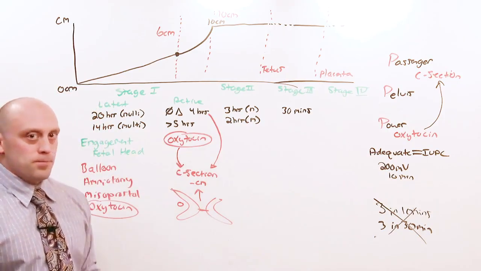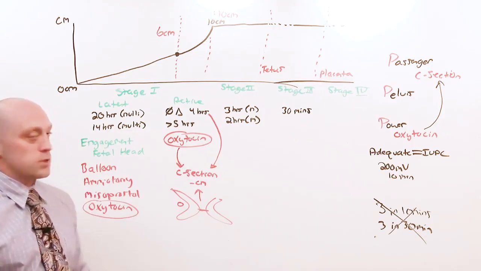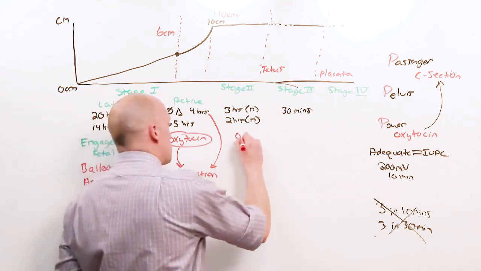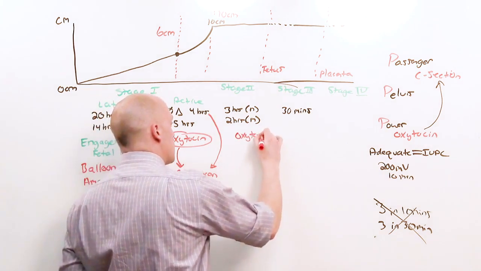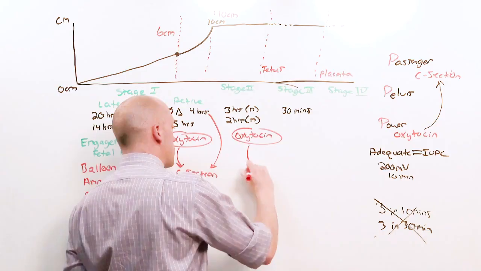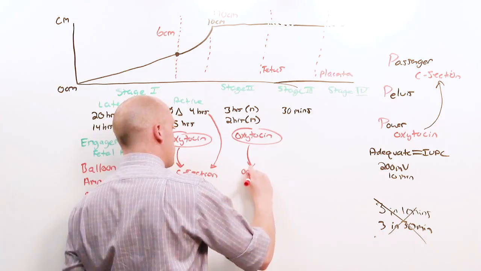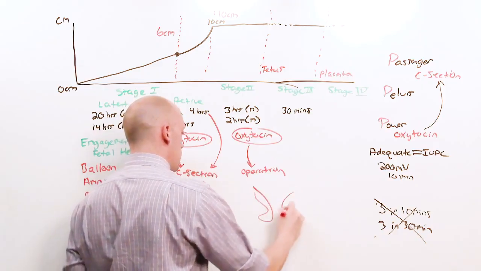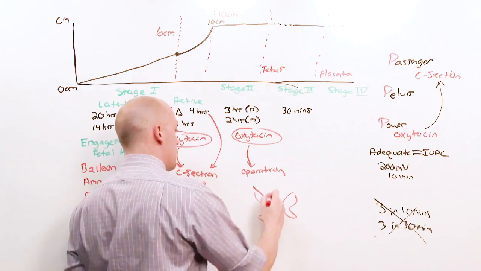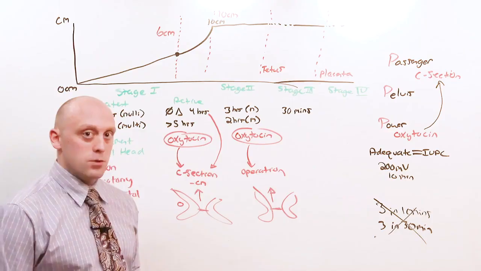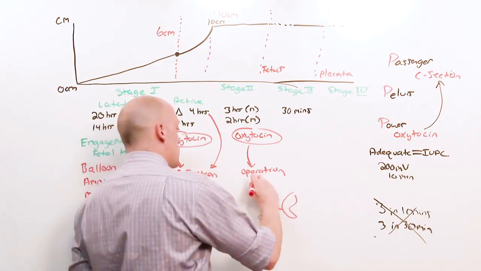Stage 2 is a little different, right? Again, if it's the passenger or pelvis, you're going to jump right to a section. But here again, you're going to try oxytocin because you think the problem is the power. If that fails, you're going to jump to an operation. If baby is negative and the arrest of stage 2, you're going to have to pull it out with a C-section.